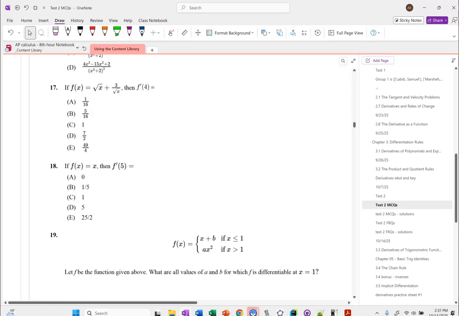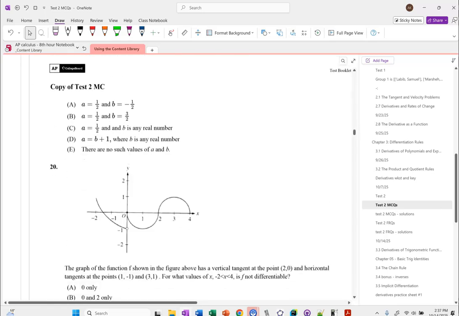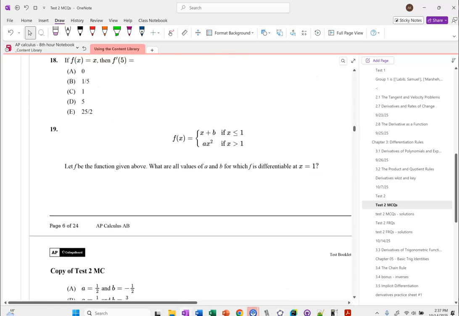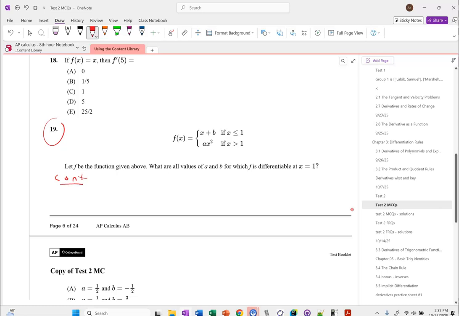Let's see here. Ooh, this is a good one. How do I do this? You differentiate those and then set it equal to 1. Well, first you need continuity, right?